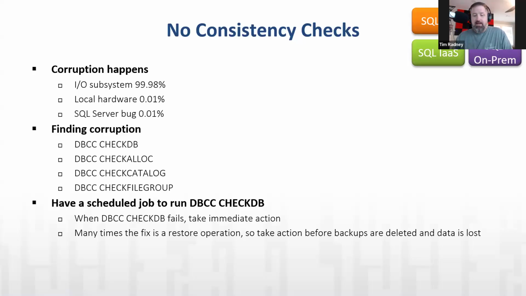I could spend a lot of time with charts and graphs and talk about retention periods. But basically, if you're checking on Sunday and the error happens on Monday, you go a full week before you run CHECKDB again, and then it fails. And maybe you're on holiday that week, and then you come back and CHECKDB failed a week ago. You run it again, it fails again.